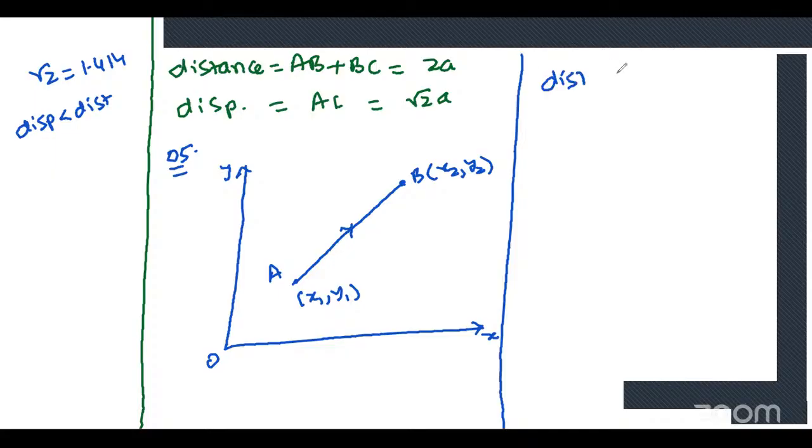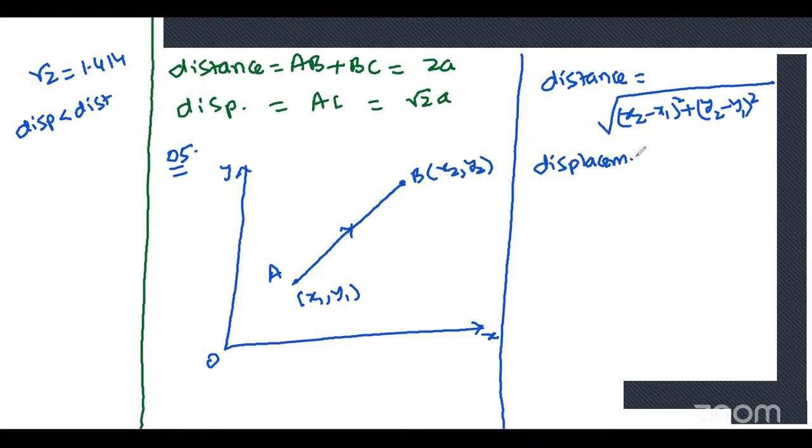Distance between two points is the square root of (x2 minus x1) whole square plus (y2 minus y1) whole square. Now displacement: whatever path the particle followed from A to B, this is the shortest distance.